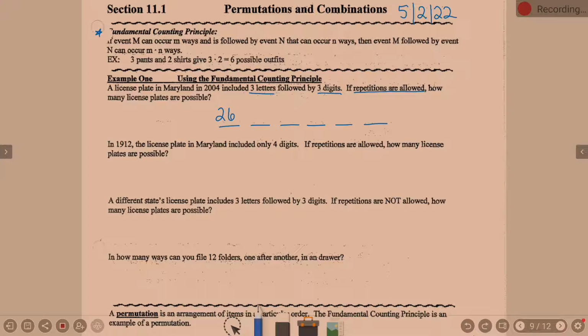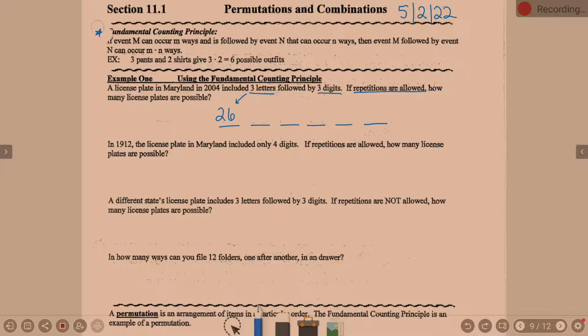Does that make sense? Because this is letters. Now, what about the next spot? It is also a letter. How many options for the next spot? Okay. Repetitions are allowed. So could you repeat the same letter?